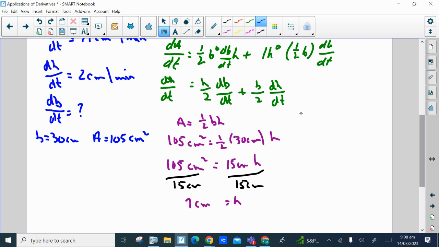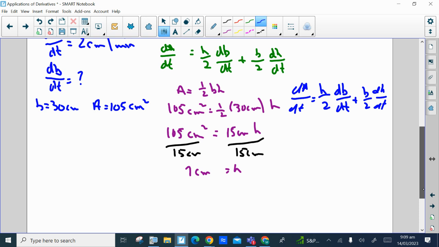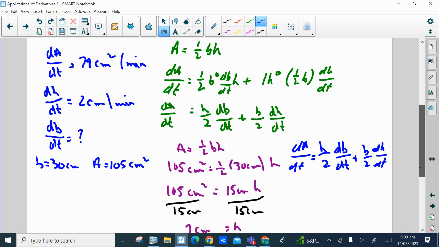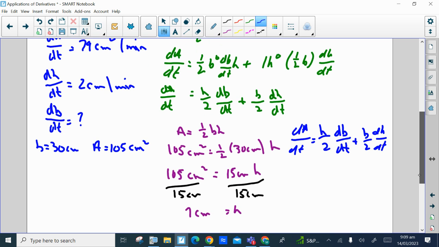So again, I've got dA by dt, if I write out the formula again, is h over 2 dB by dt plus b over 2 dH by dt. dA by dt is given to be 79 centimeters squared per minute.